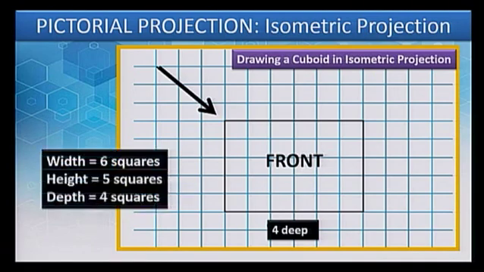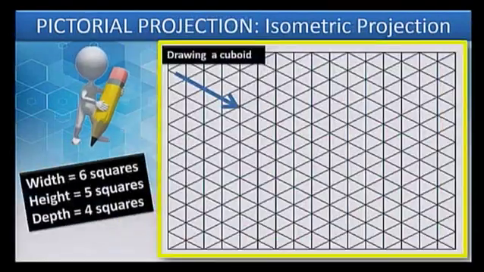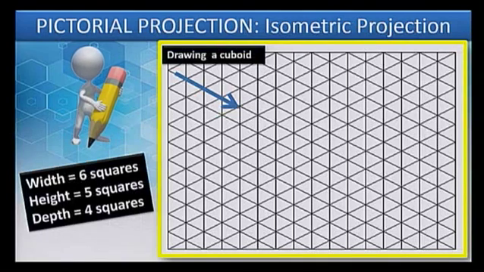So the overall dimensions are width 6 squares, height 5 squares, and depth 4 squares. The direction of the depth will be on the left, as shown by this blue arrow.